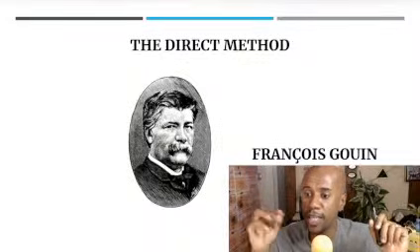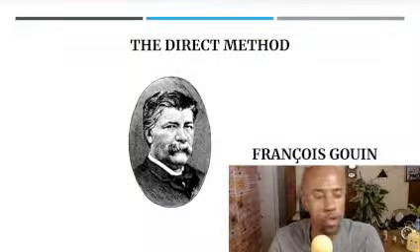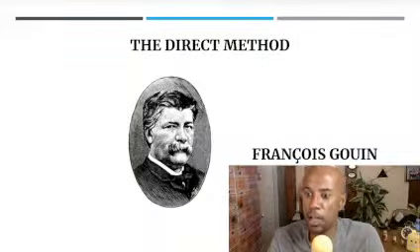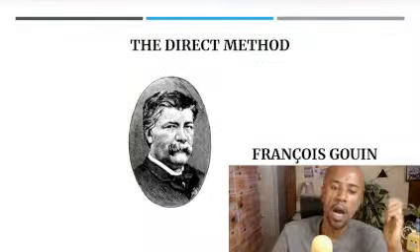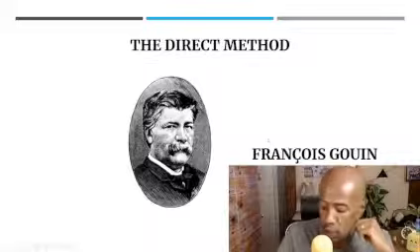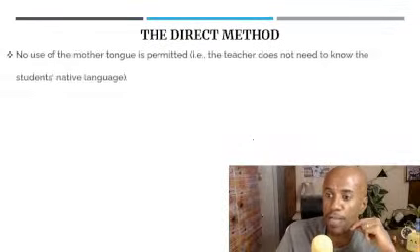So the direct method became very popular of course, in France and Germany. And even today, it has enthusiastic followers among language teachers in many countries. And so let's look at some aspects and characteristics and features of the direct method.